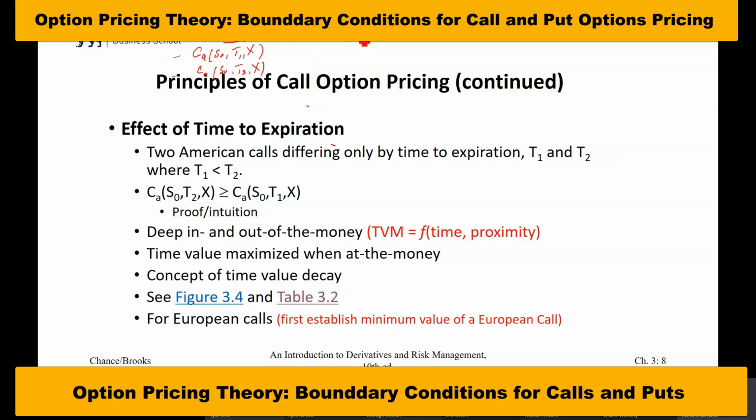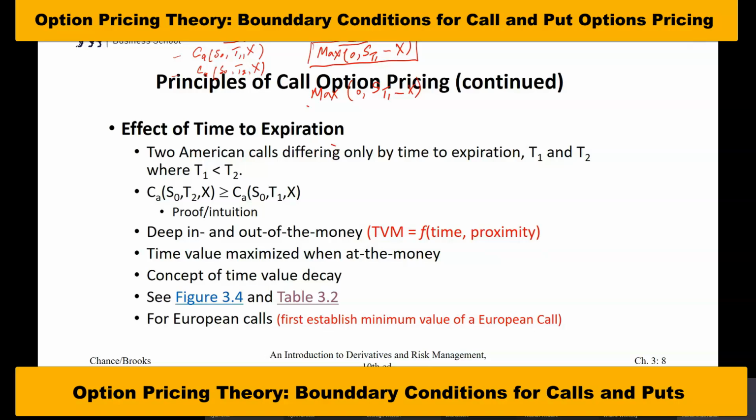So when T1 happens here at this point of time, what will C1 give you? It will give you maximum of 0 or ST1 minus X. So it will be only trading at its intrinsic value. What will be C2? C2 will be having the same intrinsic value at this point of time, ST1 minus X. However, it still has this much time till expiration.